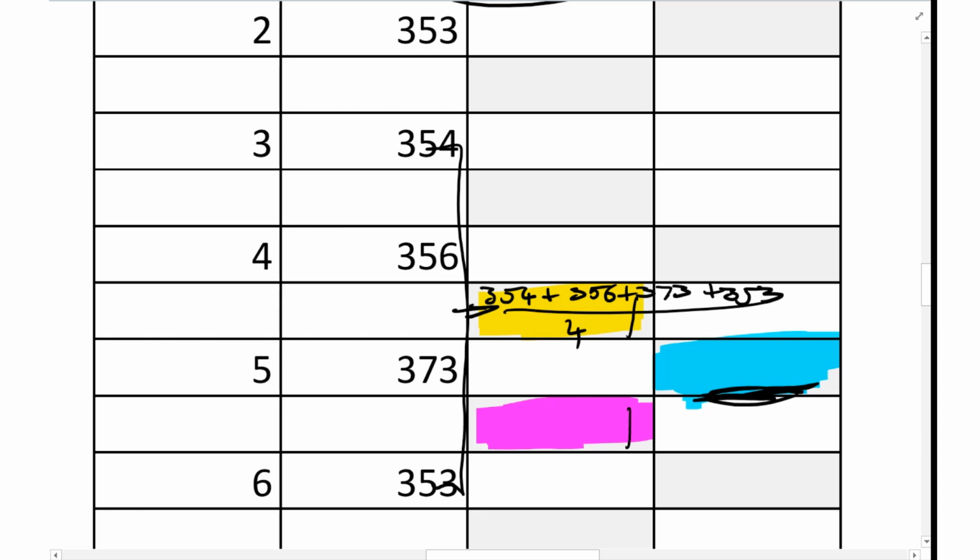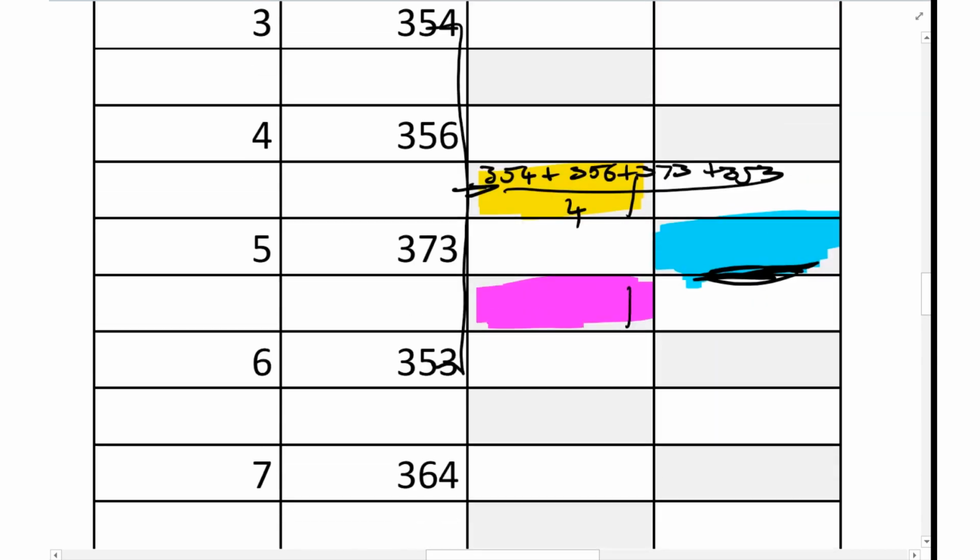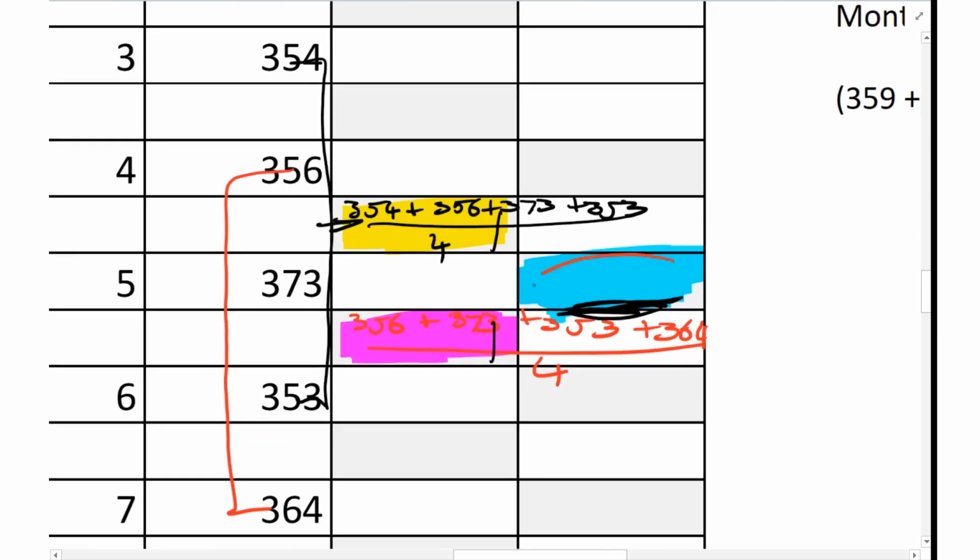Divide that by 4. Then for this one, I need 2 on the other side, so I need this lot: 356 plus 373 plus 353 plus 364. Guess what? Divided by 4. Then I get the 2 values from there, and I work it out.